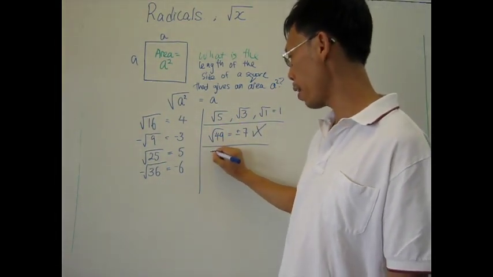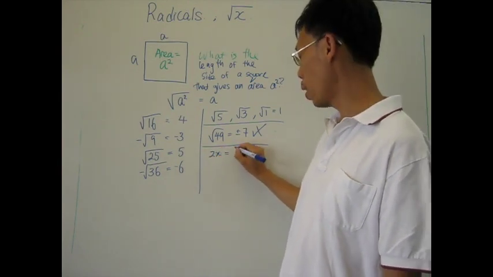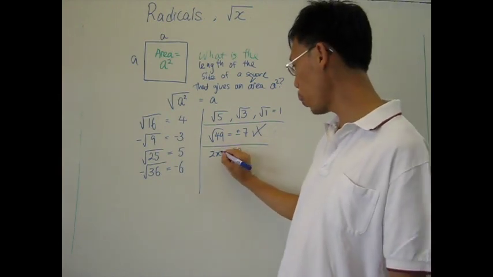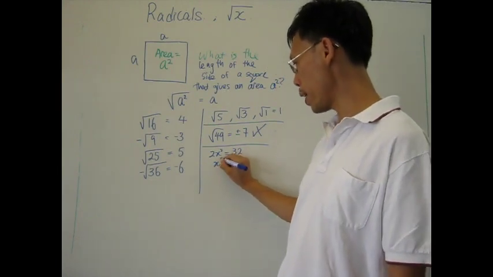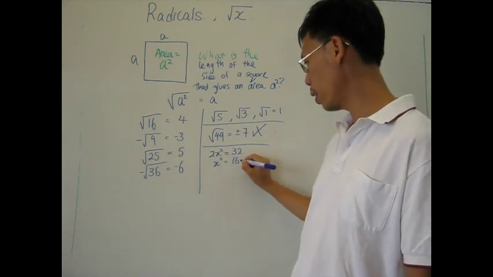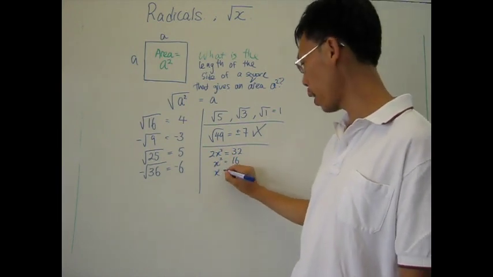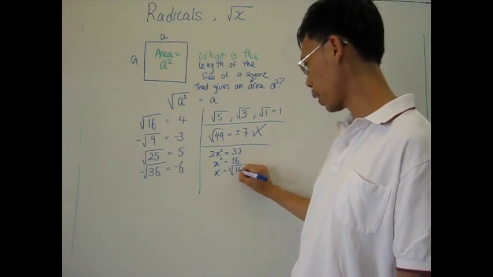For example, 2x squared is equal to 32. So x squared is equal to 16. So when you're solving an equation like this, then you have to put square root plus minus 16.